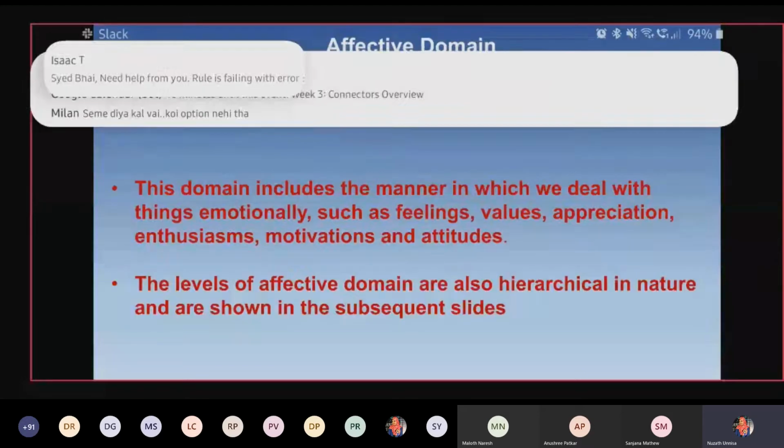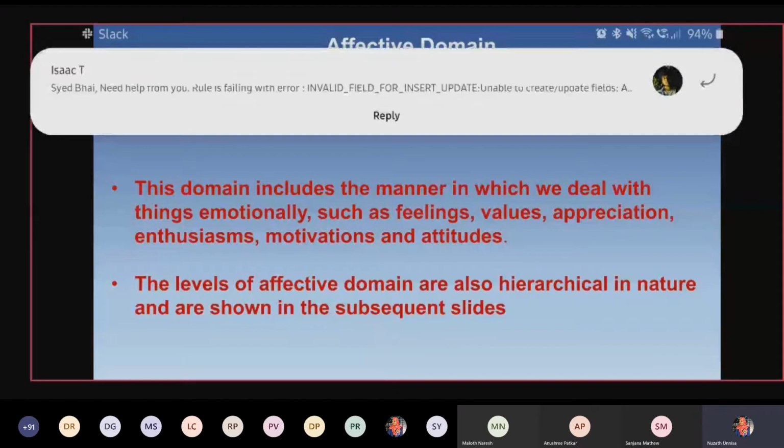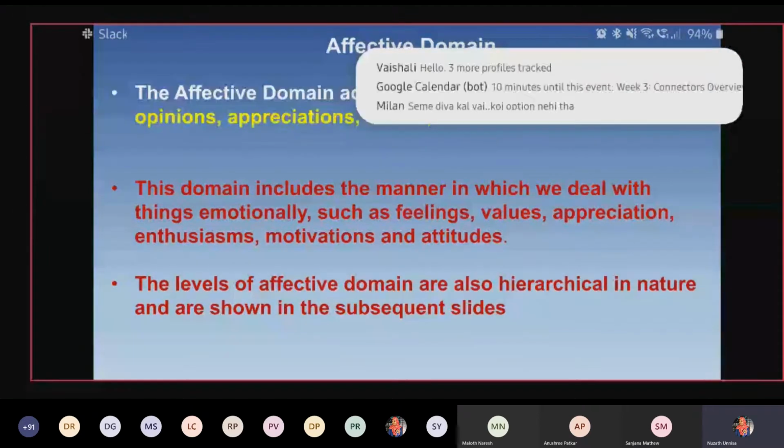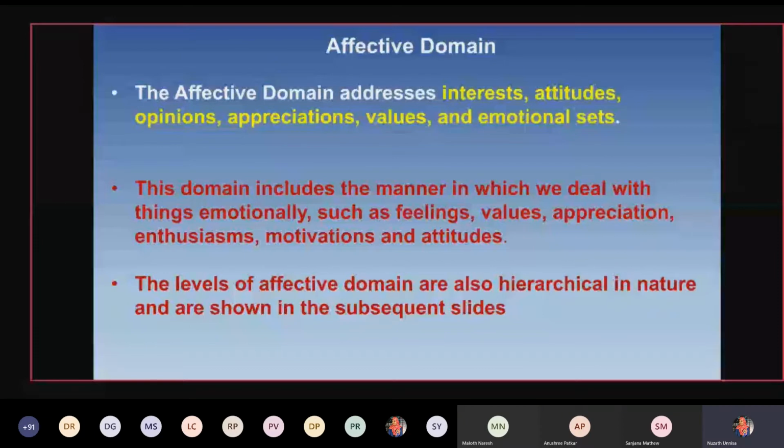The difficulty level rises as we go up from level 1 to the higher levels, and each higher level incorporates whatever is in the lower level and is the advanced version of the same. What emotions learners attribute to the knowledge being imparted is what the affective domain talks about.